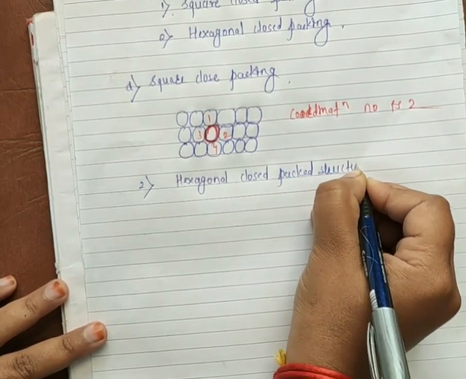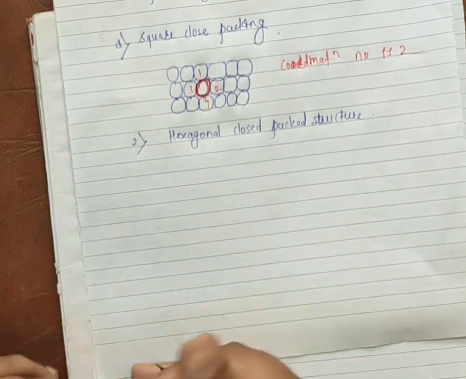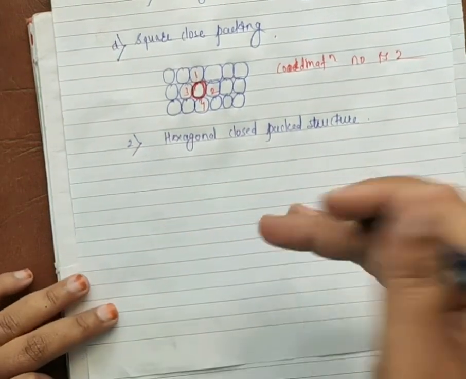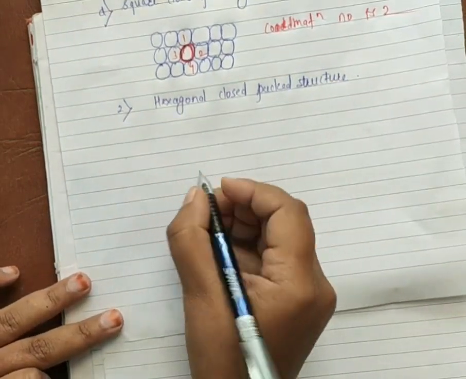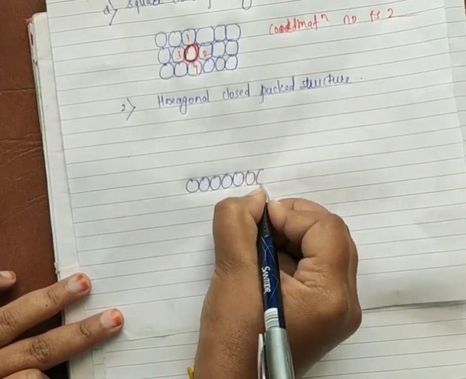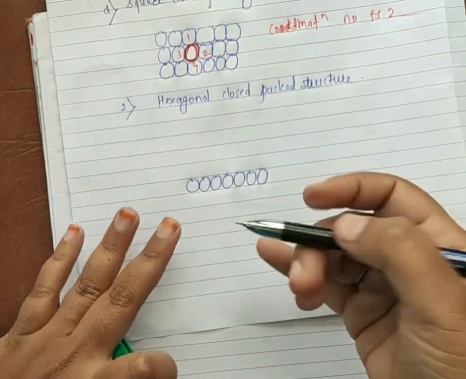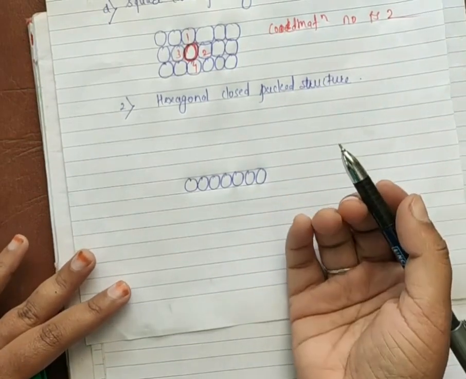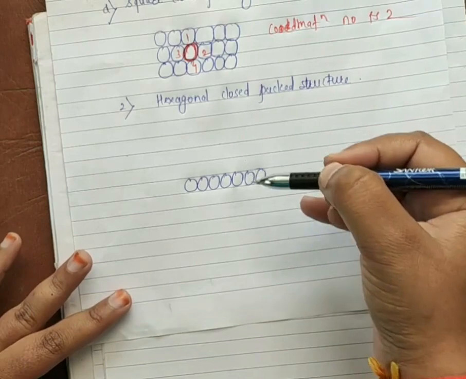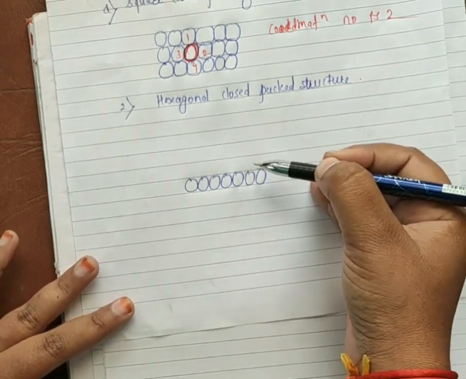In the hexagonal closed packed structure, how will the spherical atoms be arranged? First you have to take the first row of spherical atoms. Now the second row will be present above the first row in a staggered manner, not exactly above.